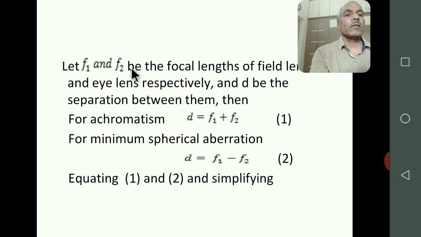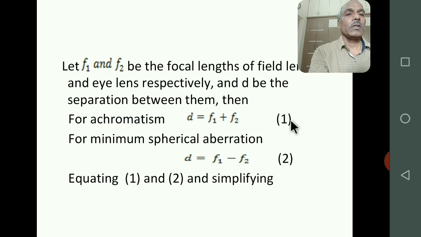If f1 is the focal length of the field lens, f2 is the focal length of the eye lens and d is the distance between the two lenses, then the condition for achromatism is satisfied if d is equal to f1 plus f2. The condition for minimum spherical aberration is satisfied if d is equal to f1 minus f2.